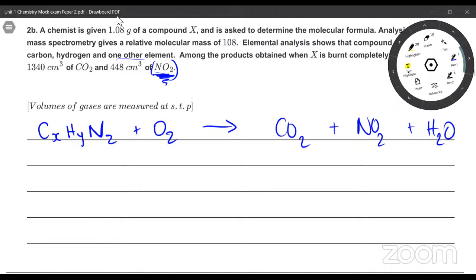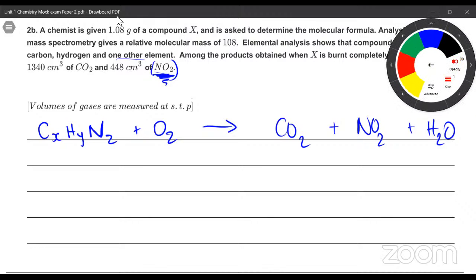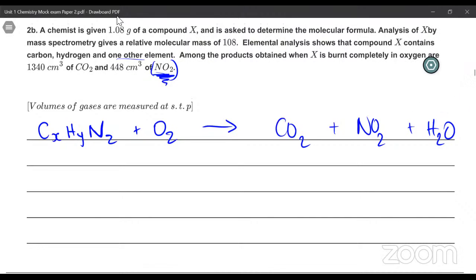Now, what do we know? First of all, you know that 1,340 cm³ of carbon dioxide was produced. You also know that 448 cm³ of nitrous oxide is produced. And you also know that compound X is 1.08 grams, right?